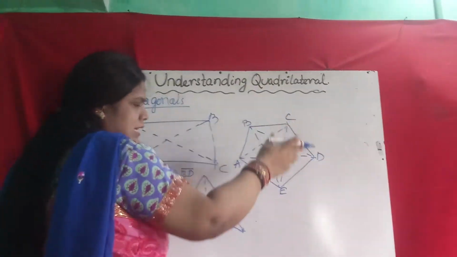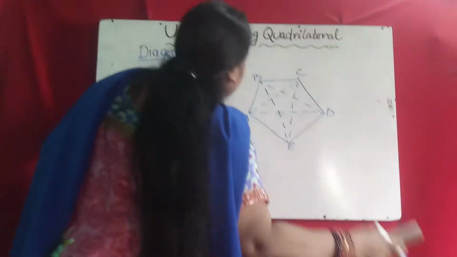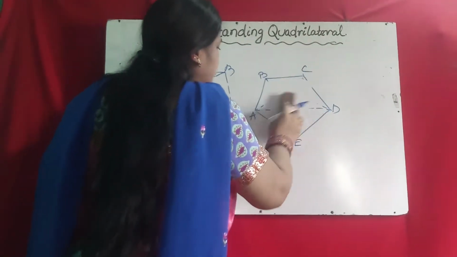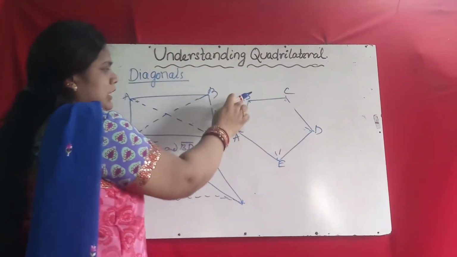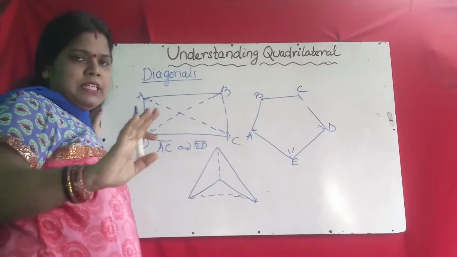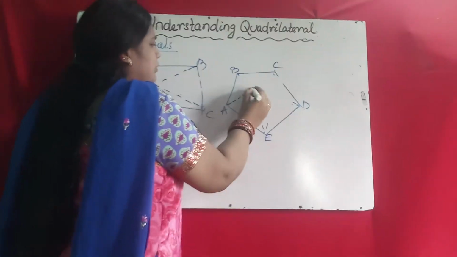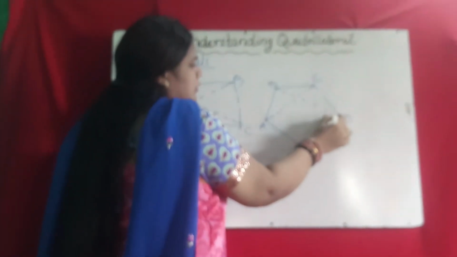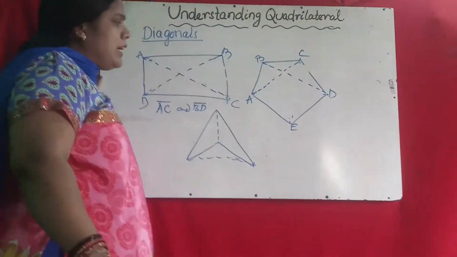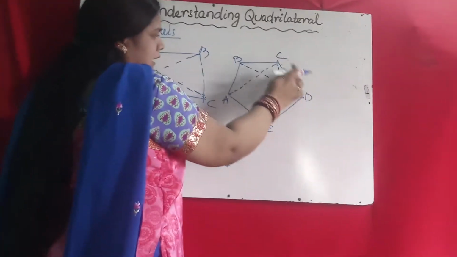So this is another one, 1, 2, 3, 4, 5, it is a pentagon. The pentagon's vertices are 5 vertices A, B, C, D, E. Look, I will show you by joining the points. A's consecutive is B. We leave the B, that means we join the non-consecutive. Then you join A to C. Then B to D. Then C to E. C, D will not connect.